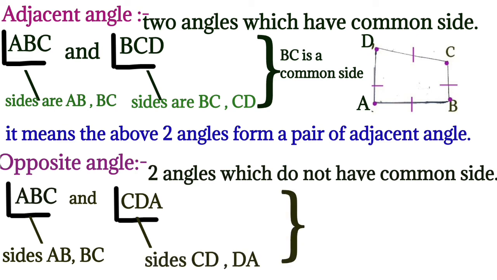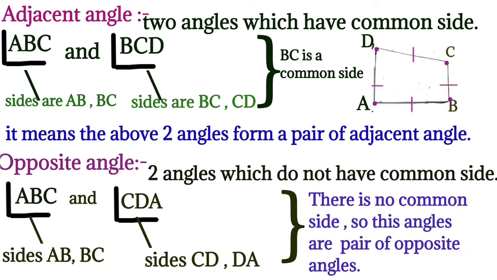Here we took angle B and angle D. So there is no common side among AB, BC, CD, DA. The four sides are different; there is no same side in both the angles. So angle ABC and angle CDA form a pair of opposite angles.